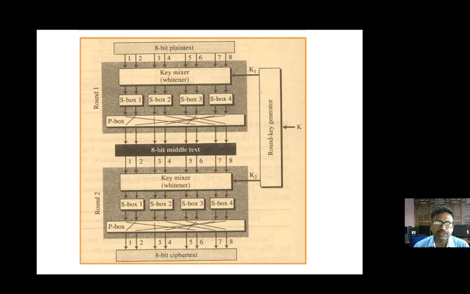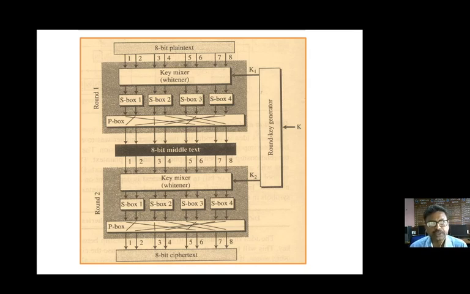Now this K1 key is being mixed with the 8 bits of the plain text to get an 8-bit output, and the individual 2 bits become the input of the individual S-box. We are using 4 S-boxes, and each S-box is producing the same number of outputs as the input.